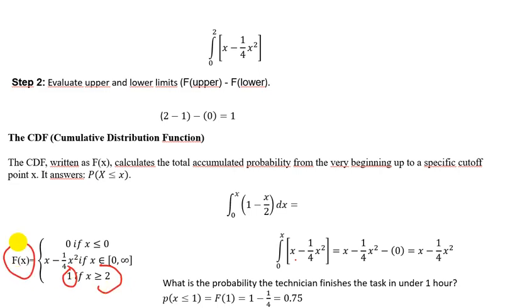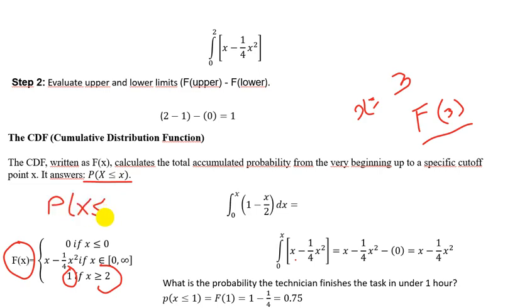Now let's see why anything that is above 2 gives a probability of 1 for F(x). Okay, so first let's take an example for a number x greater than 2. Let's say 3. This is x equals 3. So what is F(3)? We know that F(x) answers this question, P(X) less than or equal to our x here, so 3 here.